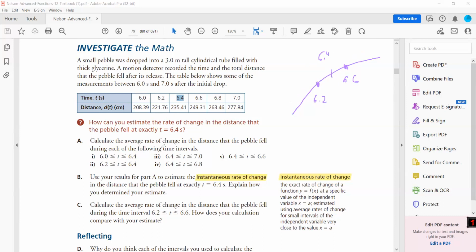And in this particular example, we're asked to calculate the average rate of change in the distance that the pebble fell during each of the following time intervals.